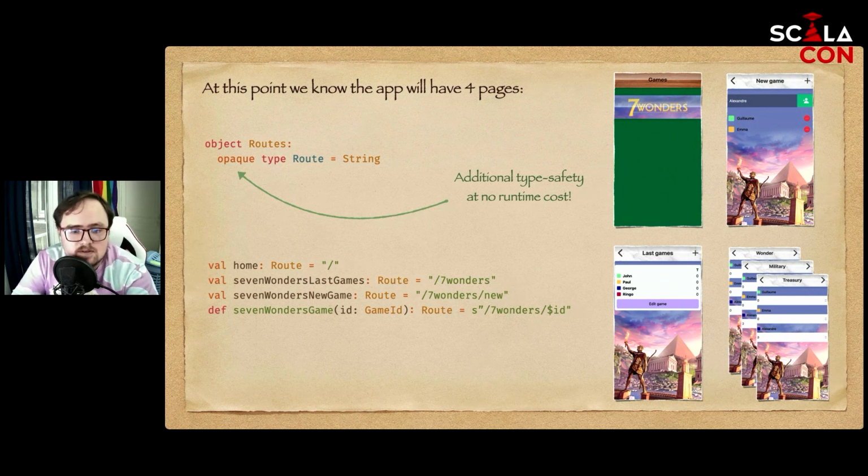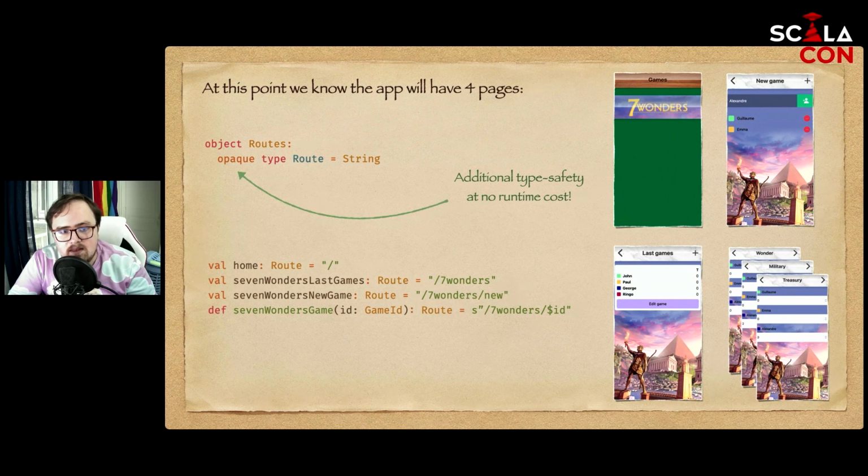As a consequence, it is impossible to obtain a value of type Route except by using one of the values or methods defined in this Route object, which means it is impossible to link to a non-existing page unless that module itself exposes non-existing pages. And this additional type safety is provided at no runtime cost, because at runtime, a Route is just a regular string.